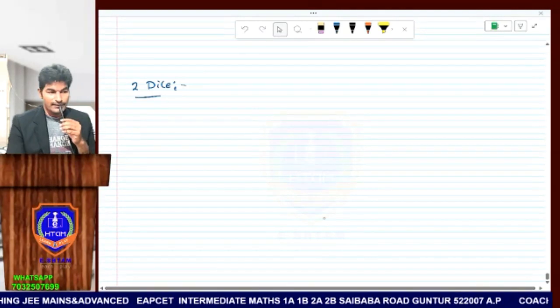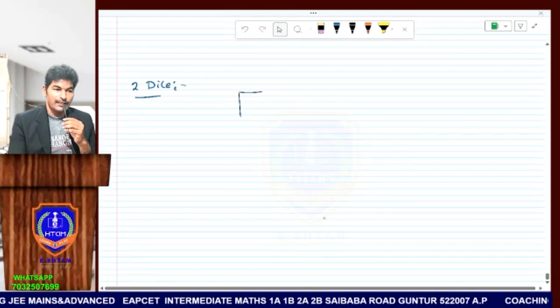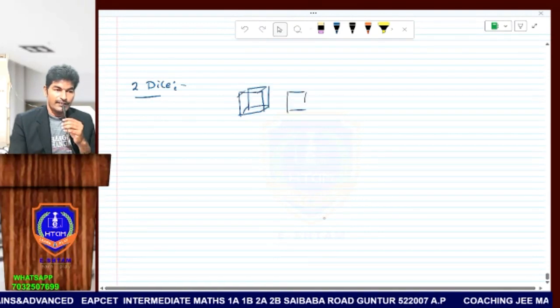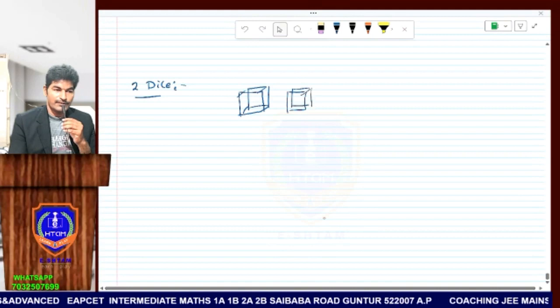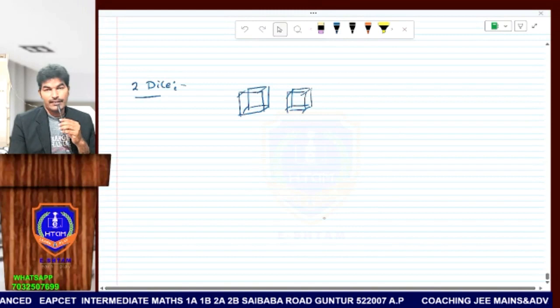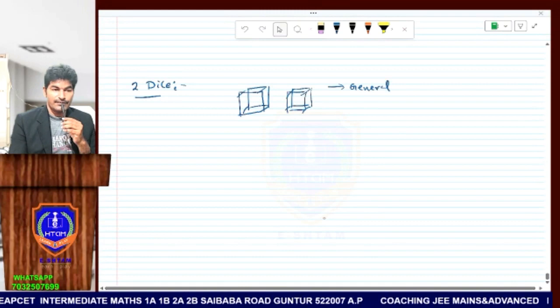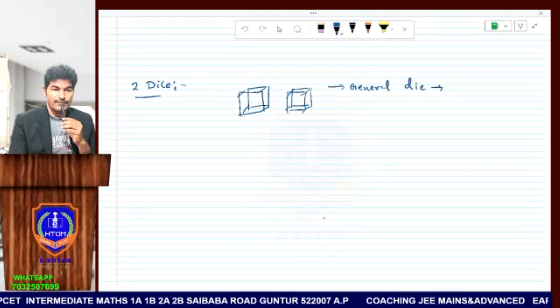In a 2 dice experiment, let us consider the dice as a cubical shape. What is the shape? We only need to be aware of whether they are biased or unbiased. A general die means it is unbiased.